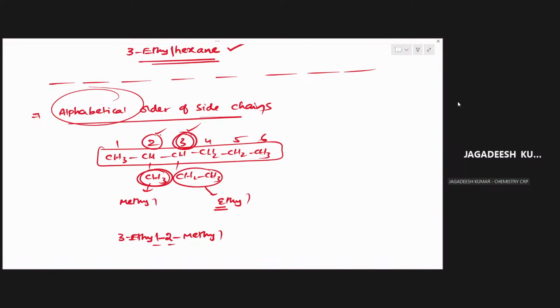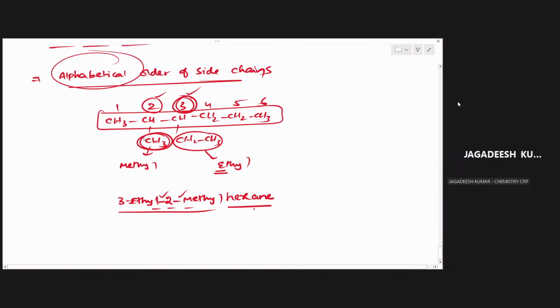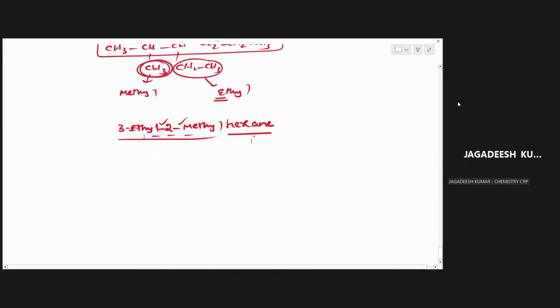Between the number and the letter we have to write a hyphen. So 3-ethyl-2-methyl. Substituent names are completed. Later, the longest chain contains 6 carbons, so the root word is hex, and all are single bonds, so ane. I think you got clarity here: 3-ethyl-2-methylhexane.